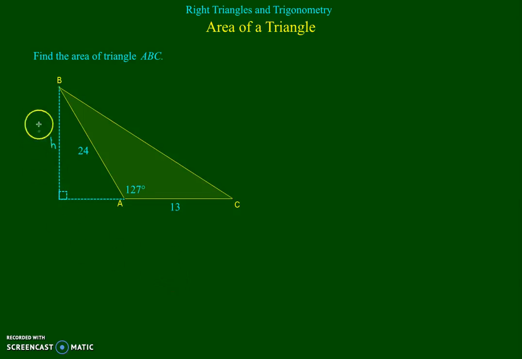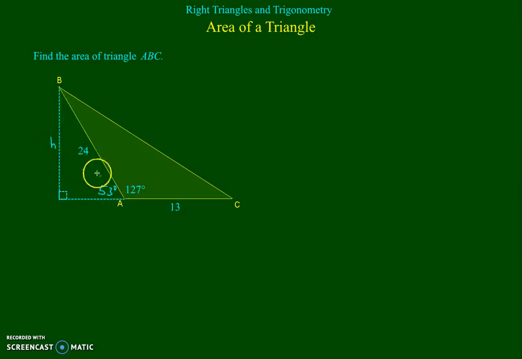And in order to find this height, we need this angle. We could use this angle, and I'm going to explain that in a second, but we know that this angle and this angle are supplementary because they're a linear pair. So if this is 127, then this angle would have to be 53. And then this becomes fairly easy.